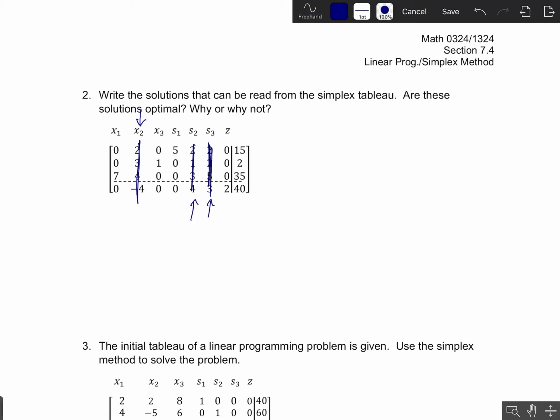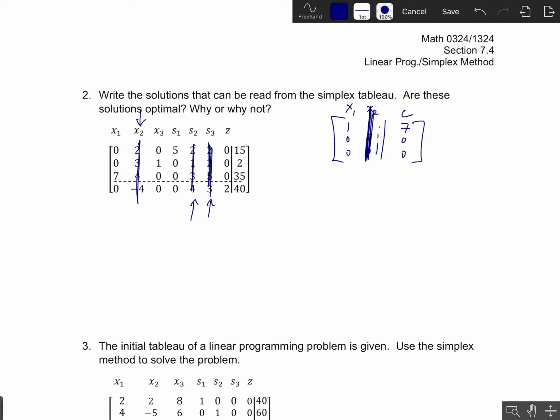By the way, if you end up having two columns, let's say you have x1 and x2 like this, and then over here you have a C of 7, 0, 0, for example. If you have a repeat of the same basic column like this, then you wouldn't read this as x1 equals 7 and x2 equals 7. If you have a collision between the columns, then we're just going to delete the second one.